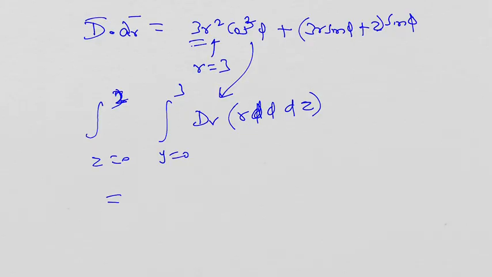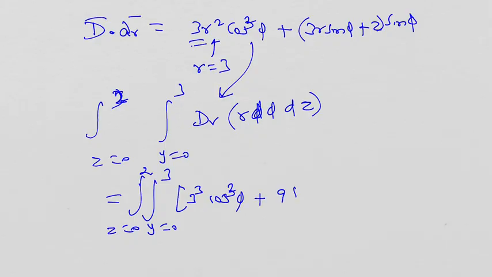So 3 into r squared, 3 squared, so it becomes 3 cube, double integral, one with respect to z from 0 to 2, the other from 0 to 3. And you can notice that it is 3 cube cos squared. Is it cos squared or cos cube? I'm sorry, cos cube phi plus 9 sin squared phi plus z sin phi, into r is 3, so r d phi dz.